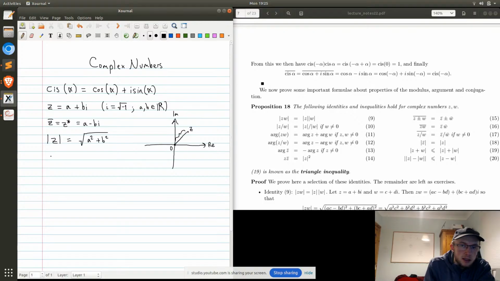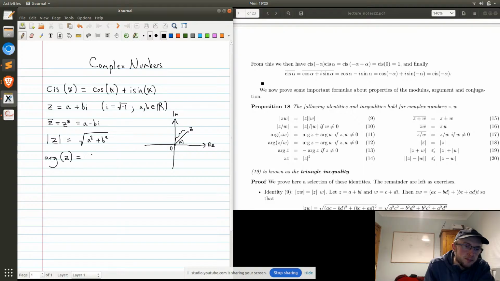Okay, and what was the argument of a complex number? Arg z. Well, that's trying to get this angle here. I want to say theta, but presumably they would say alpha.